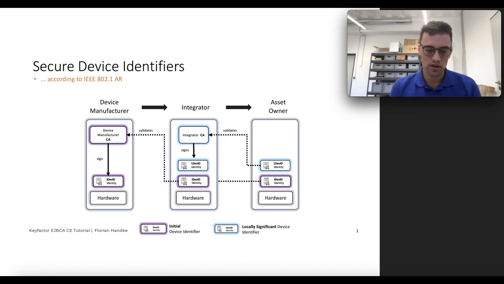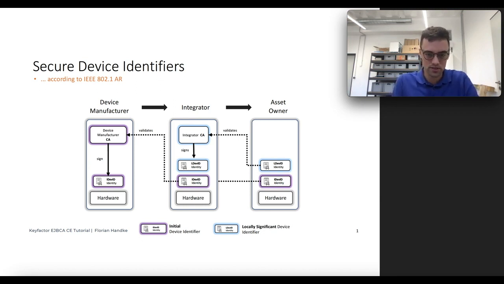Two identities or identifiers: the IDevID, which is the initial device identifier provided by the device manufacturer, securely stored on the hardware; the LDevID, which is the locally significant device identifier, provided by an integrator or asset owner, and this could basically be an OPC-UA or MQTT certificate; and a software stack beneath it, which does the management, the validation, and other stuff.